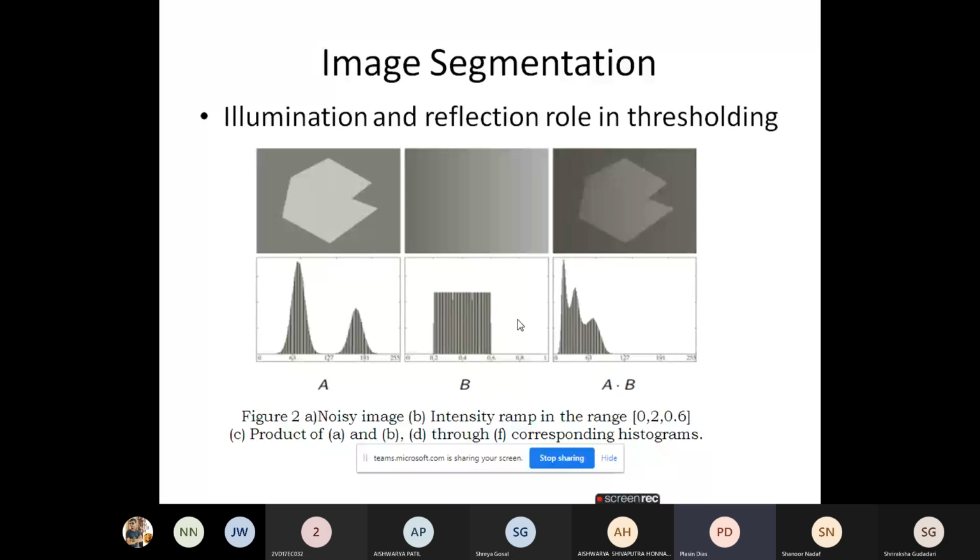The next thing that we discussed was regarding illumination and reflectance on image thresholding. So what are you able to see from the picture? Anybody? Do you remember what we discussed regarding this slide, wherein the histogram of a noisy image, then an intensity ramp, and the product of those two was considered?